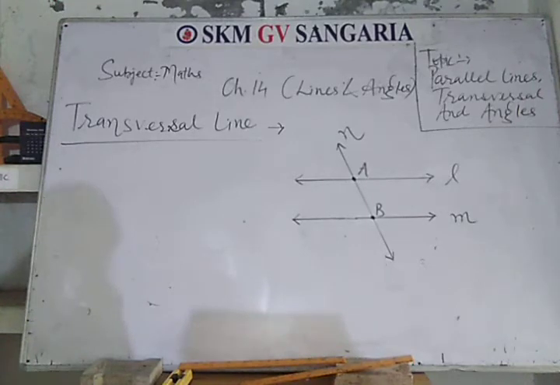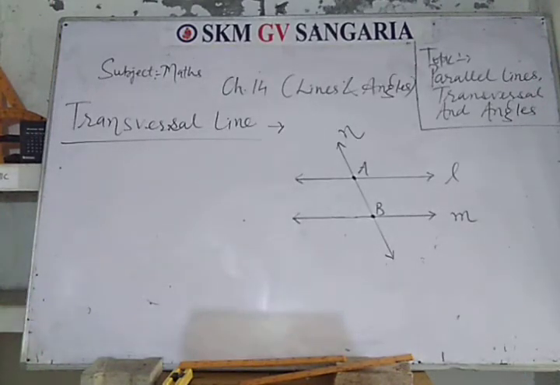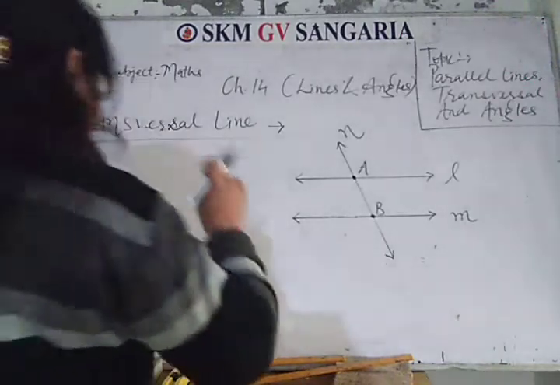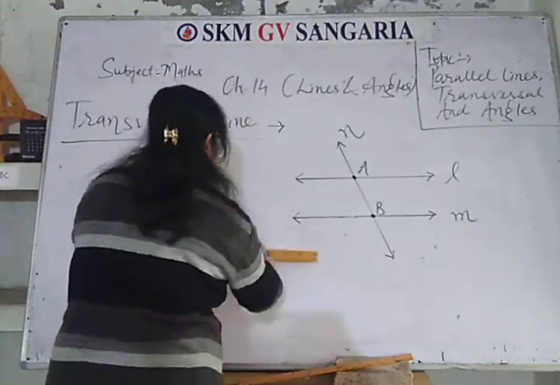A transversal is a line that intersects two or more parallel or non-parallel lines. It can also intersect two non-parallel lines.